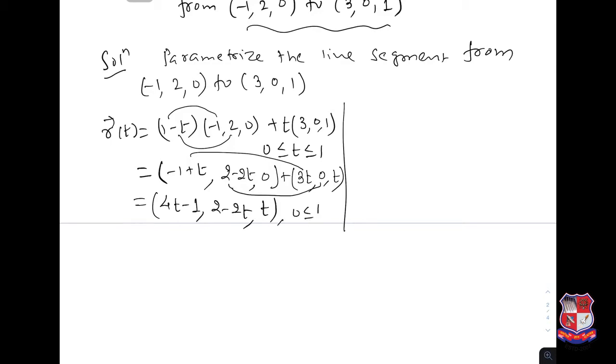See, t is from 0 to 1, so if you put t equal to 0, you get the first point. If you put t equal to 1, you get the second point.